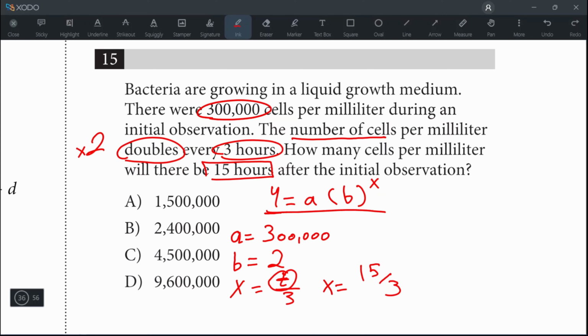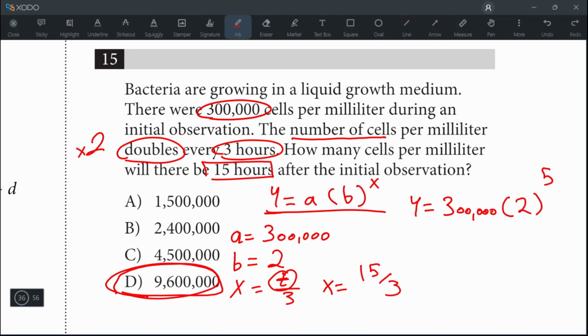So y will equal 300,000 multiplied by 2 to the power of 15 over 3, which is equal to 5. This is equal to 9,600,000, which is choice D. And this question is about exponential growth or decay.